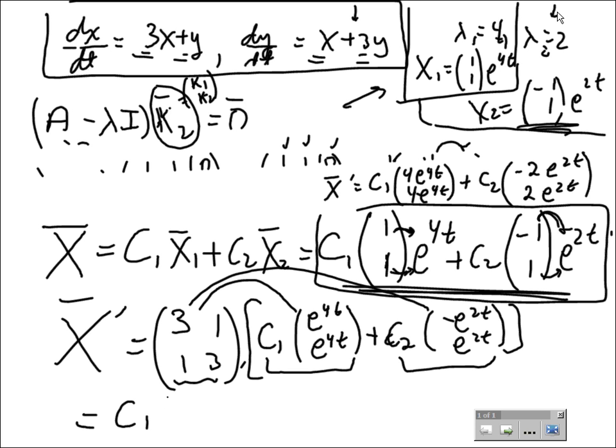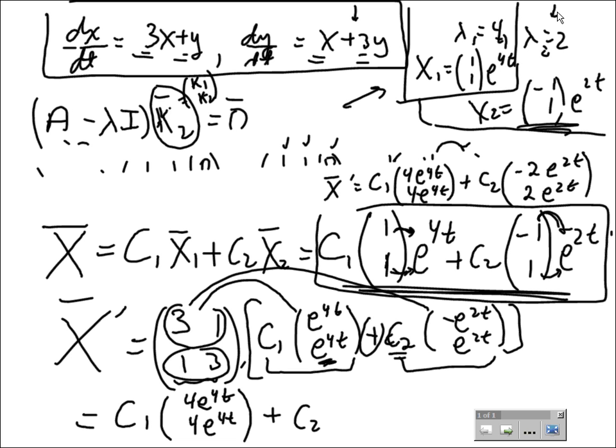The C1 stays in front. When I multiply this row by this, I will get 3 e to the 4t plus 1 more e to the 4t. I'll get 4 e to the 4t. And the same thing with the bottom, except I'll add 1 e to the 4t plus 3 e to the 4t. I'll still get 4 e to the 4t. And the C1 factored in front, plus the C2 can come in front.